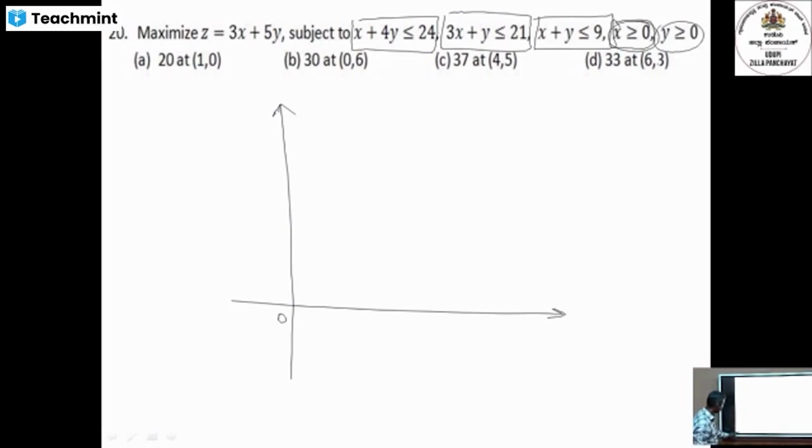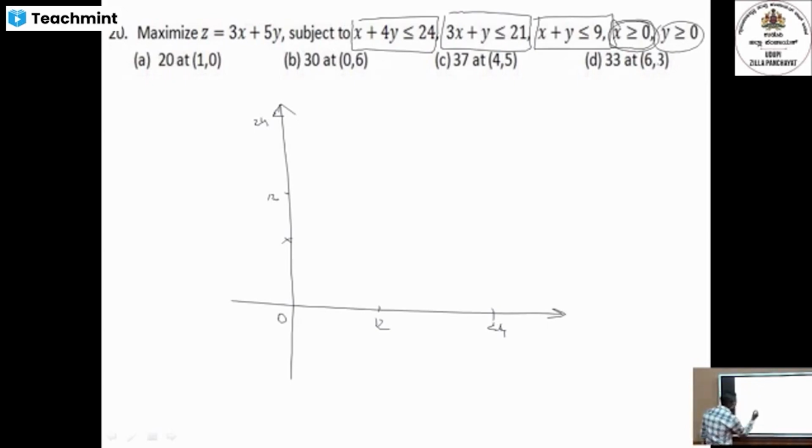We will consider this as 12 and this as 24. So x 0, y 6. In the line, y 0, x 24. So 12 and 24. So here is 24, here is 12.